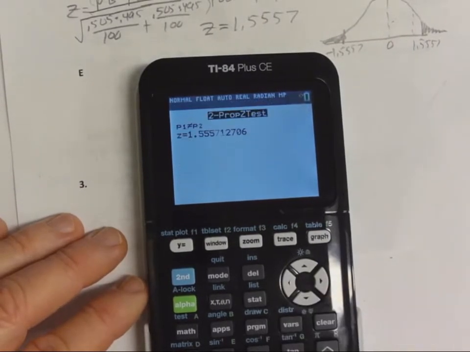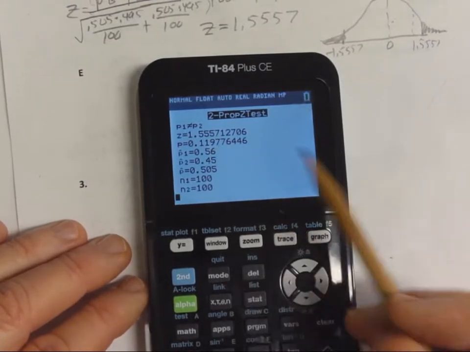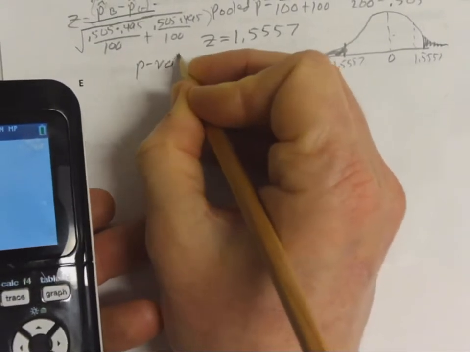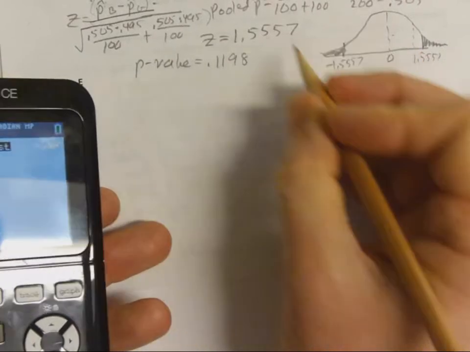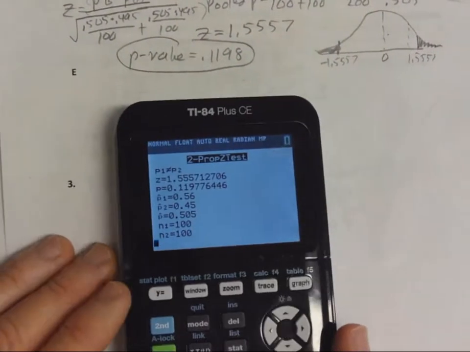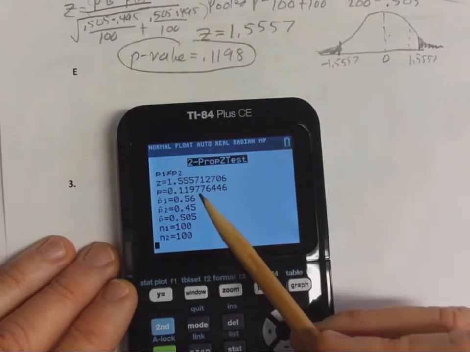All right, so we go calculate, and there it is. There's my test statistic. There's my p-value, so let me go ahead and write that down. So my p-value is equal to 0.1198 approximately. That's the big number we're really going for. Make sure to write it as p-value. Don't write p. P is a different thing to us, a population proportion.